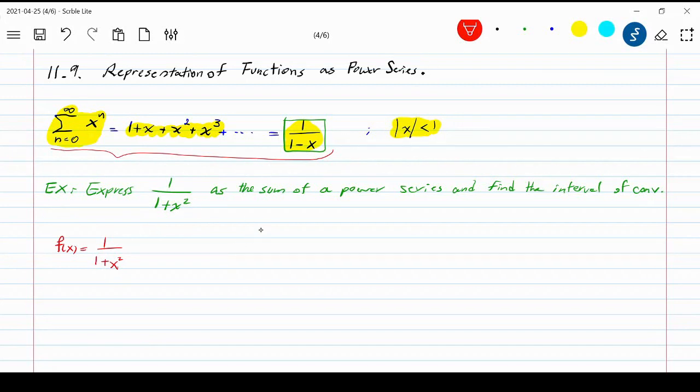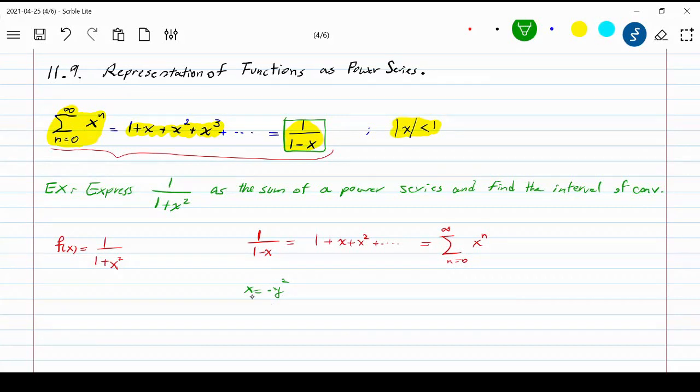So if you look at this summation, what we have is 1 over 1 minus x is basically 1 plus x plus x squared and so on. This is the same as the sigma, n from 0 to infinity, of x to the power n, right? So now if I change x, if we let x be something like negative y squared, then what do we have?